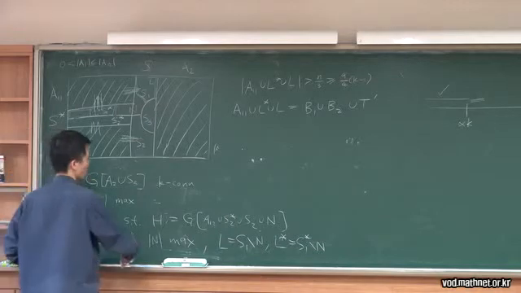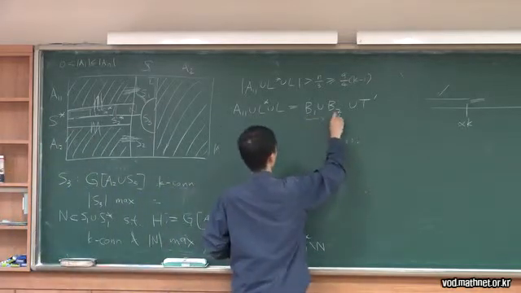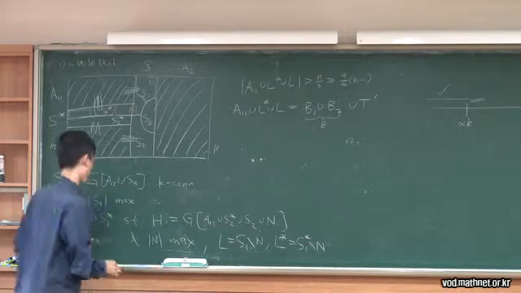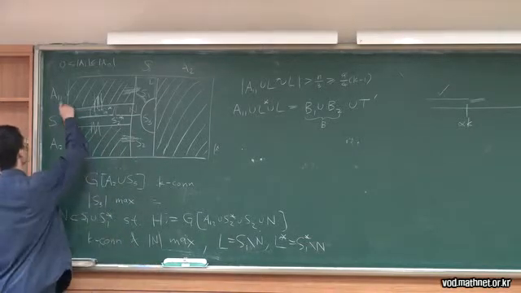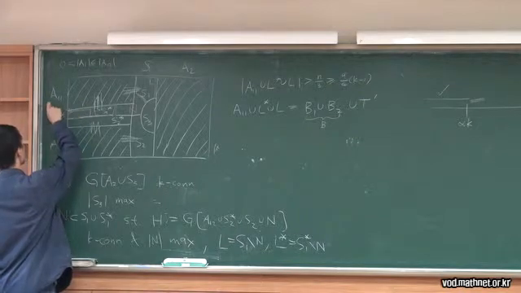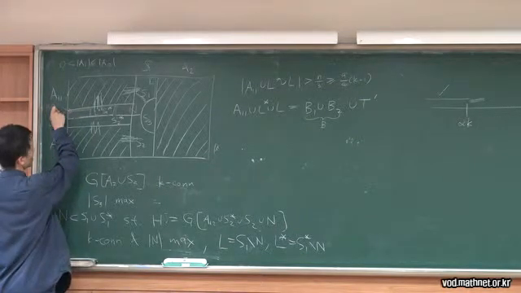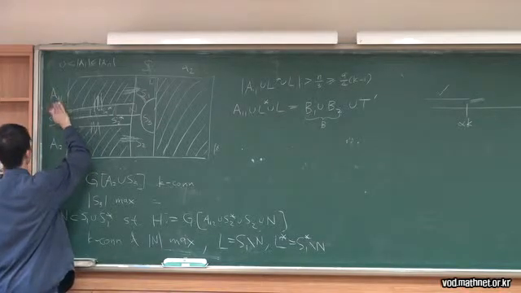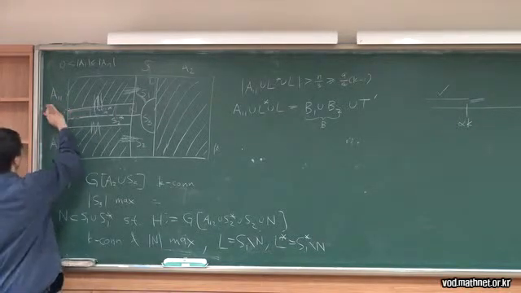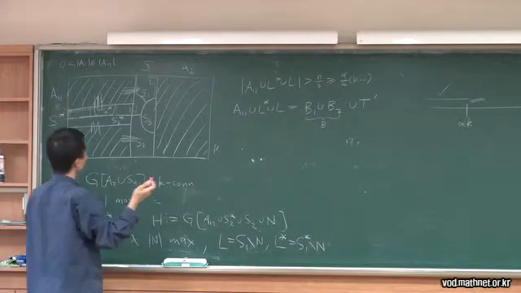So I'm going to call B this thing here, B intersect L. Where is B?